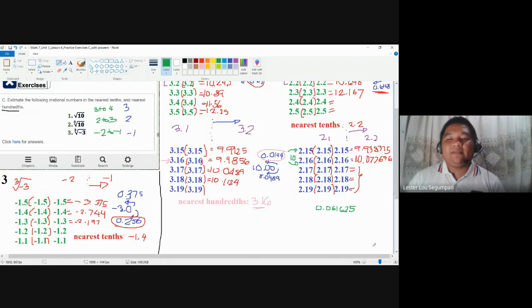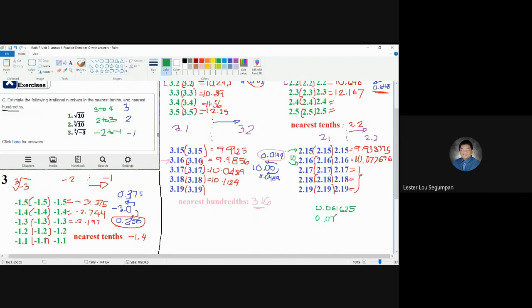Okay. From the second value, you need 0.0776696. By the way, 0.77. So this is for 2.15 and this is for 2.16. So it's actually closer to 2.15 because it is smaller.